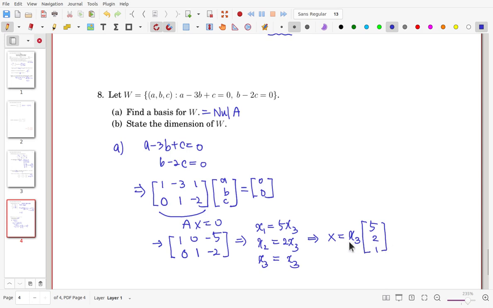For an arbitrary choice of x3, x will become a solution, so that W is the collection of the solutions of that system, and eventually this one becomes a basis for W. Okay, the null space of A. That's the basis. Now there's only one vector, so the dimension of W must be 1, right?